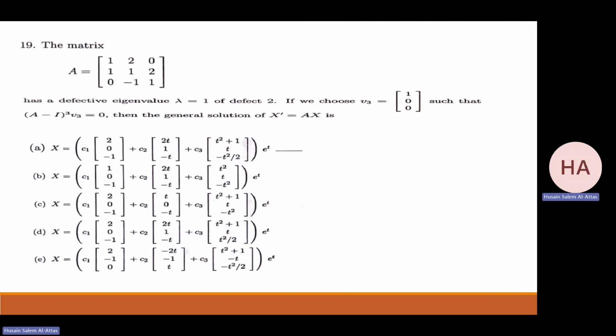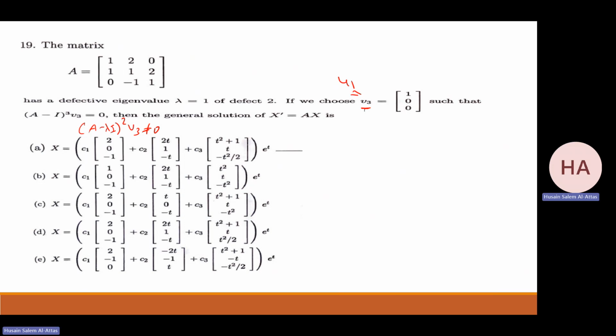The matrix has a defective eigenvalue. If we choose, as I said, he chooses V3 for you. Also, you need to check that A minus lambda I squared times V3 is not equal to 0. We call it U1 just to make the calculation easier.